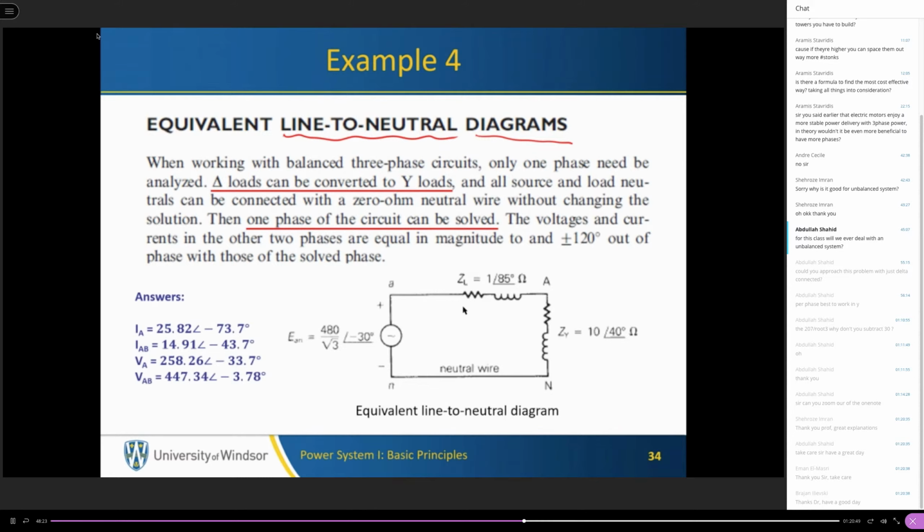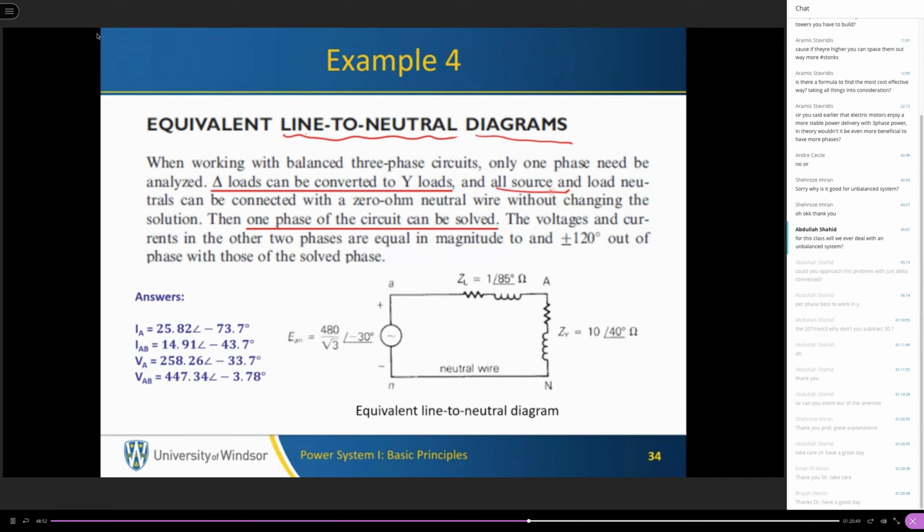So the first step is to convert the delta connected load to its equivalent star connected load. Why? Because we need the line to neutral diagram. For delta loads, we don't have an impedance from the line to the neutral, so we need to convert the delta impedance to the equivalent star impedance.